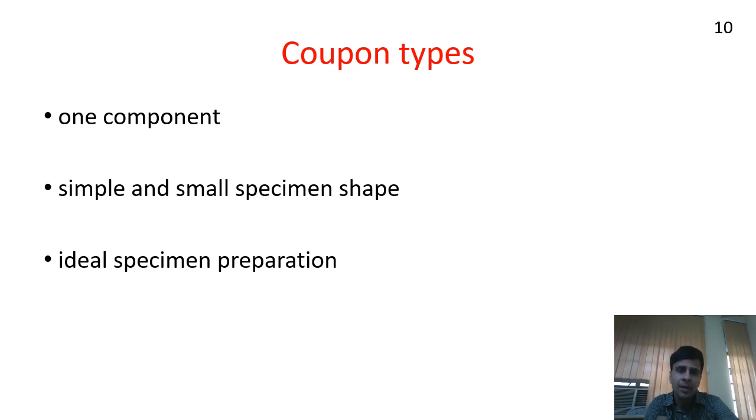And the coupon type will be a small, one component, simple small specimen, usually rectangular, but the specimen preparation will be ideal, where there are strict standards about what the length should be, what the breadth should be, how much is the tolerance, there should be no delamination, there should be no voids. So you have to take a lot of care in trying to make as ideal a specimen as possible. But the good thing is it is simple and small.